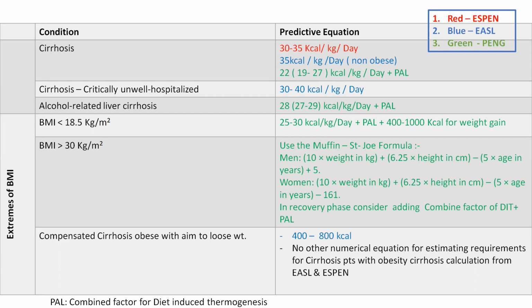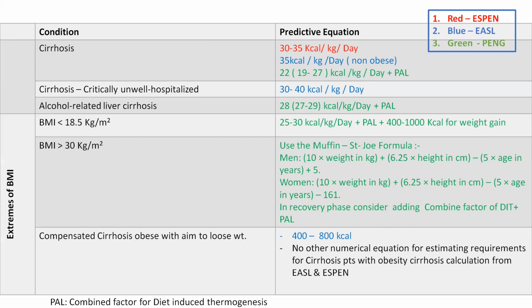Sometimes we do see that compensated cirrhosis patients are obese, with BMI greater than 20. So accordingly, we need to design and restrict. We should calculate the resting energy metabolism here, and accordingly reduce 400 to 800 kilocalories per day.